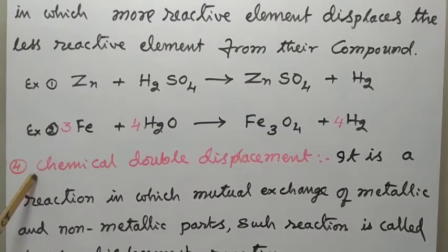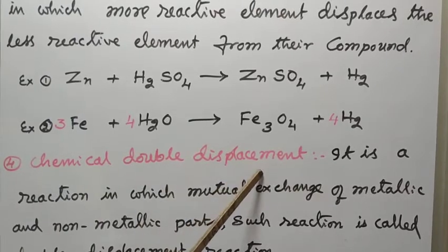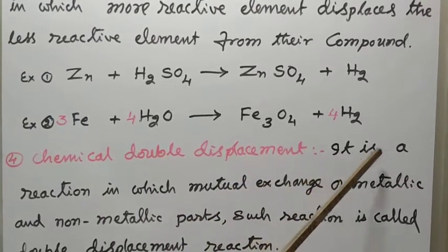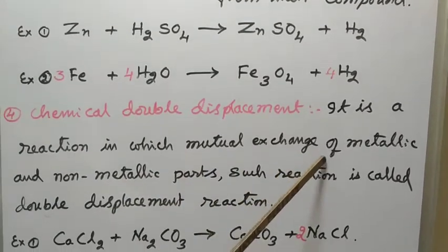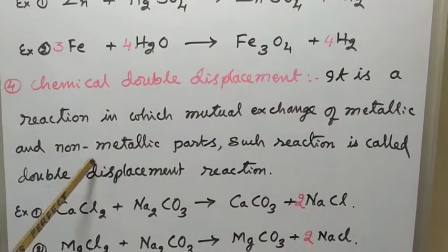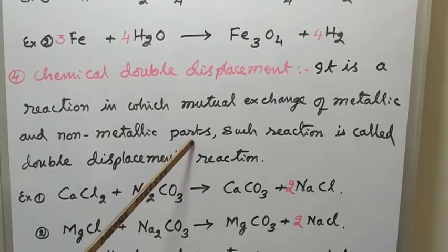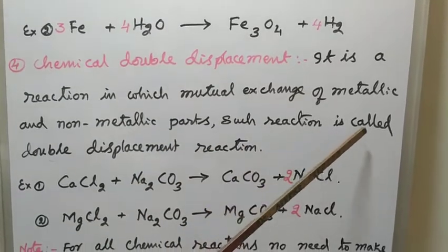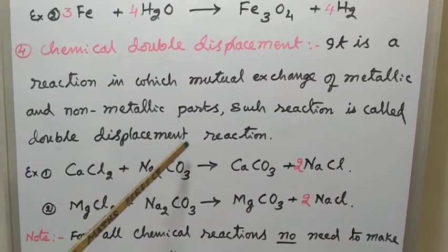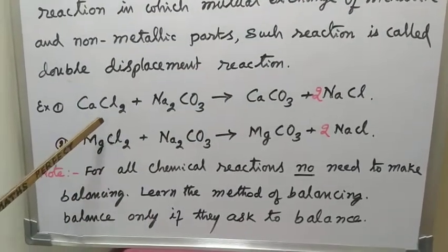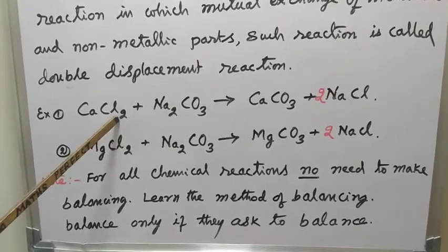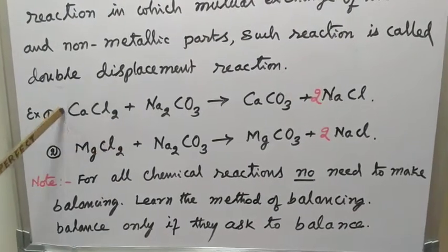Now, last one, chemical double displacement. It is a reaction in which there is mutual exchange of metallic and non-metallic parts. Such a reaction is called a double displacement reaction. For example, this calcium chloride is a compound.